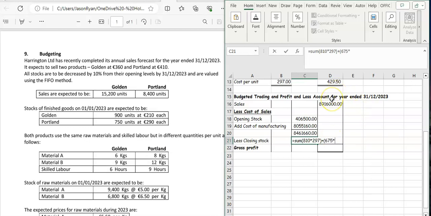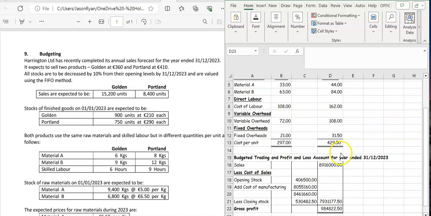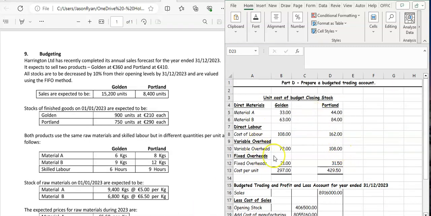Multiply that by 429.50. I'm going to take them away from each other, just like you would in your question ones. And then that's going to give you a gross profit when we take that away from your sales. The gross profit then of €984,822.50.